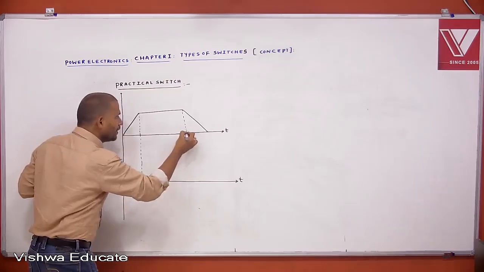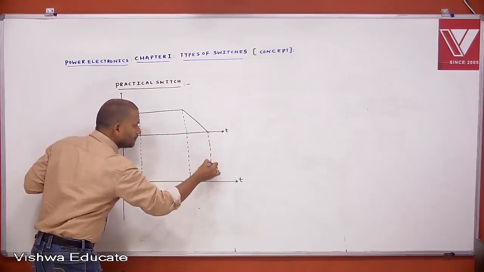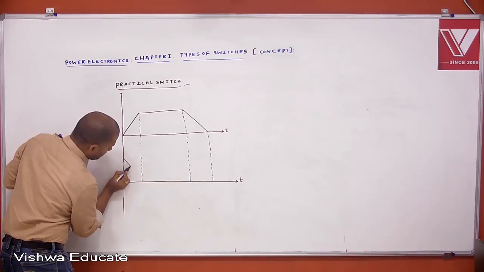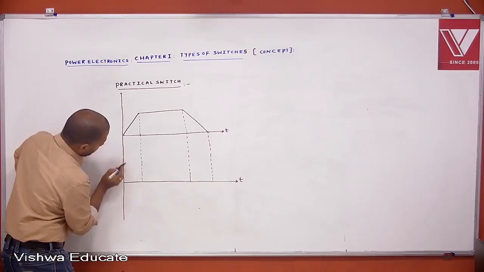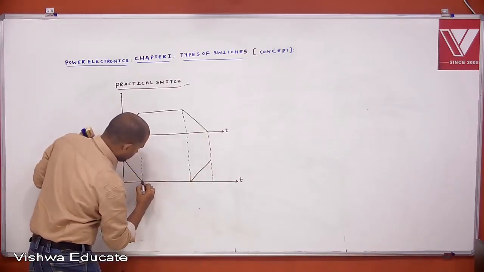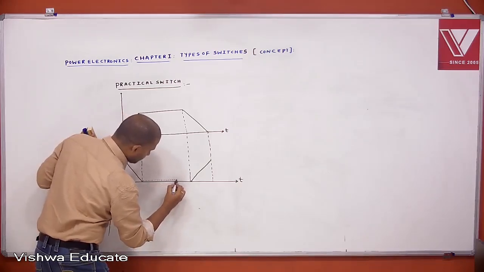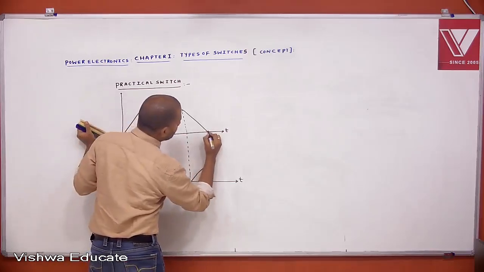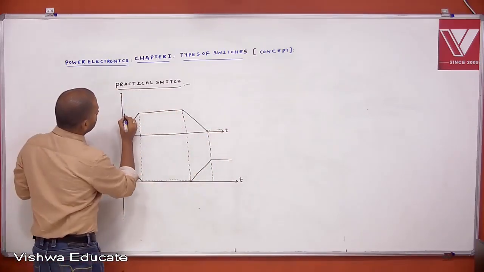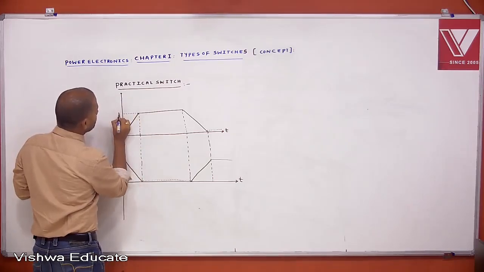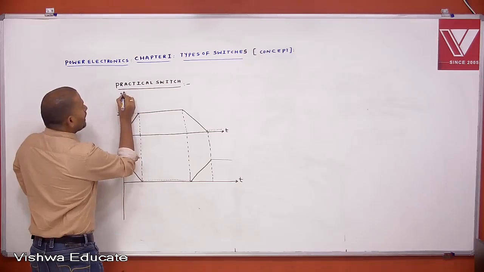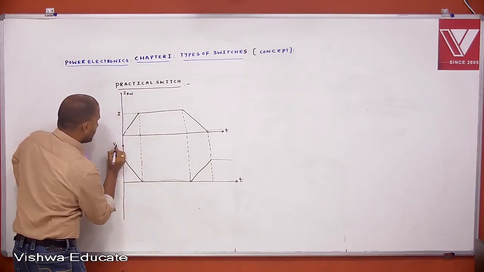Parallelly draw this figure. Let this is I, this is V, this ISW, current through the switch, VSW, voltage across the switch.